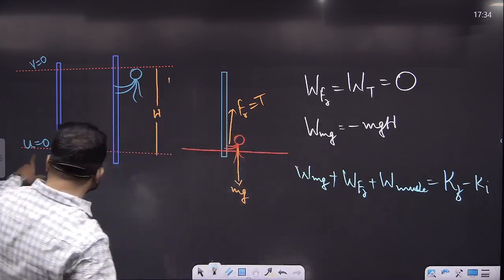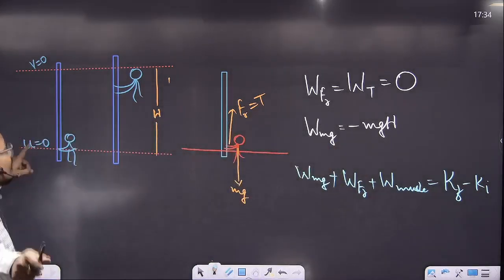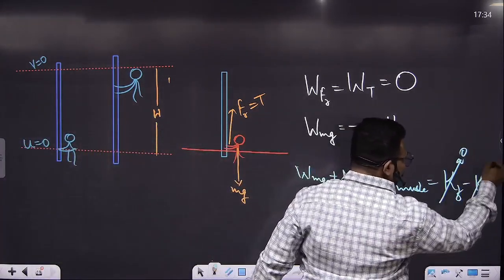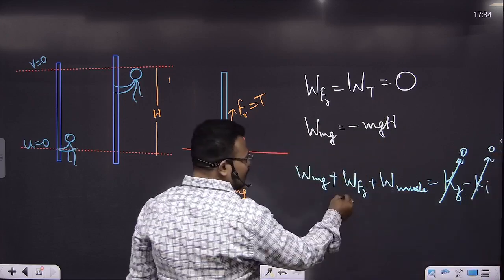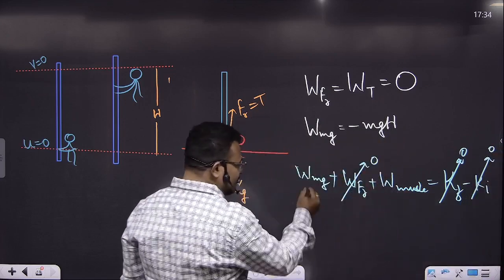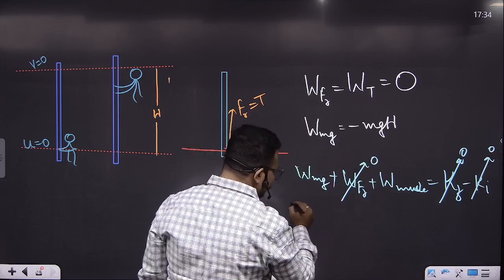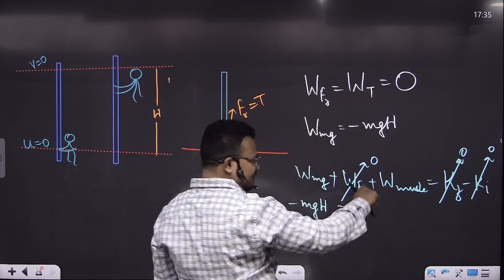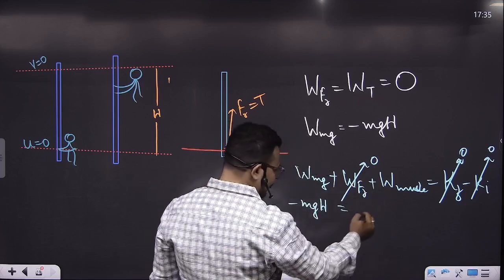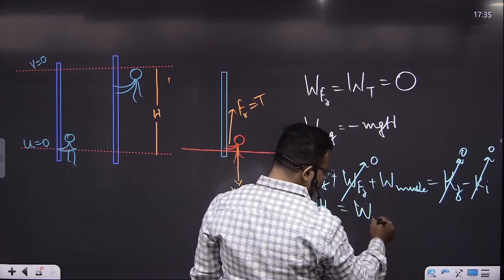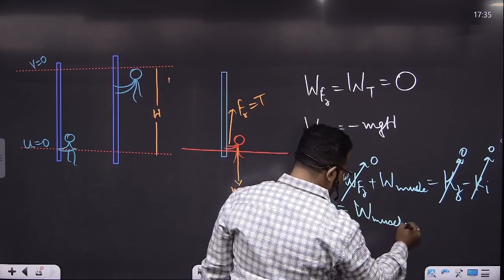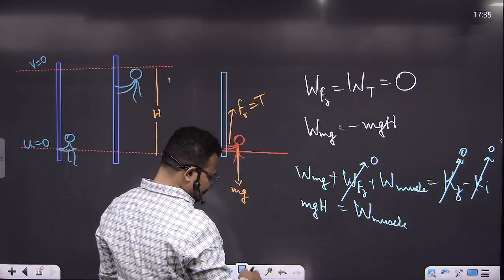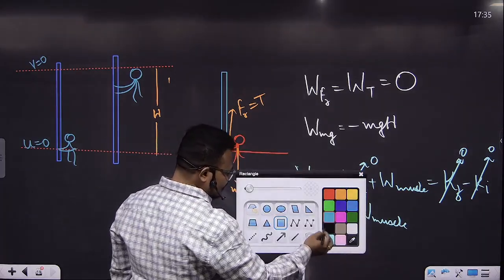Initial velocity is 0, final velocity is also 0, so kinetic energy became 0. Work done by friction is also 0. So work done by mg is minus mgh, and I have sent it to that side. So work done by muscle is mgh, the negative sign will be erased. This is the value we have got here.